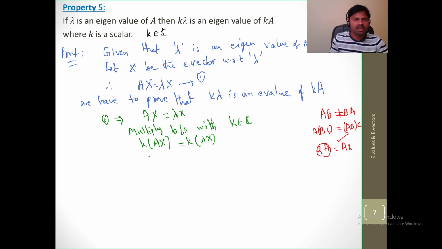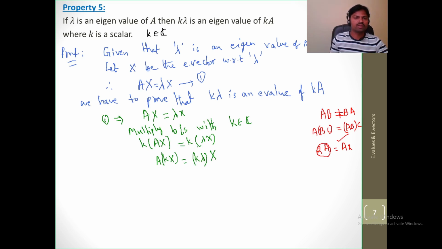Okay, now k is like that. Now this one I can write as A into kx, taking k inside. Just now I told you, k is a number, is equal to k lambda into x. I am adjusting k according to our requirements.